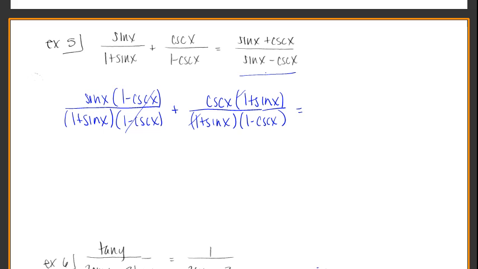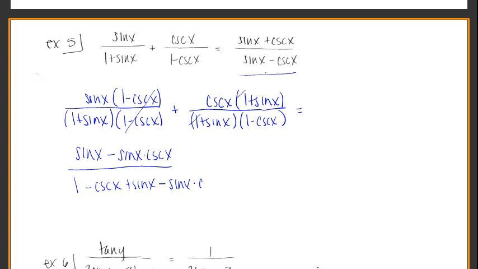Let's go ahead and distribute across the top. You'll get sine x minus sine x times cosecant x. And then down here in the bottom, let's go ahead and FOIL this out. So 1 times 1 is 1. The outsides will be a minus cosecant x. Insides is a positive sine x. And the last term would be a minus sine x times cosecant x.